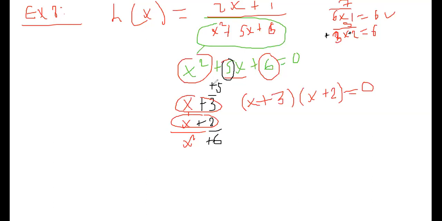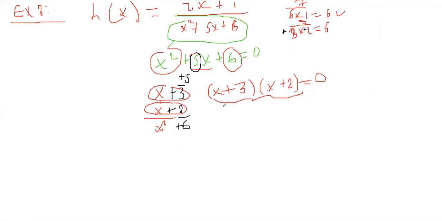If we expand this, it should give us x squared plus 5x plus 6 equals 0. So then we have x plus 3 equals 0, or x plus 2 equals 0.